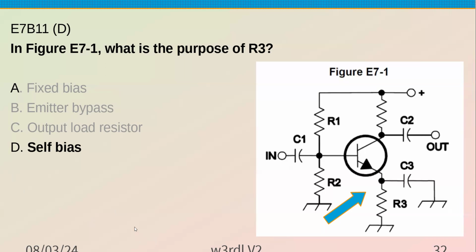Think of how the current's going through there. Okay. And you're going to look at it relative to the base. So relative to the base, it's a negative voltage across that resistor.